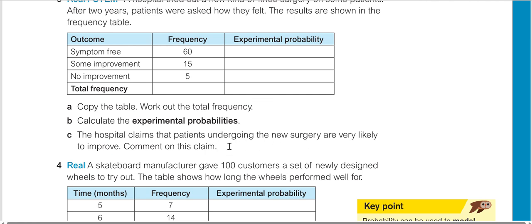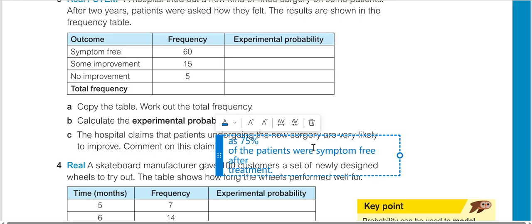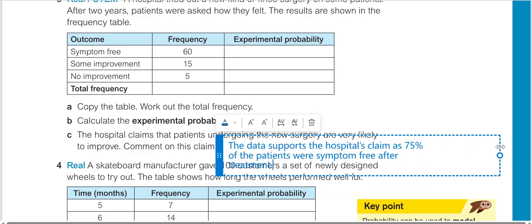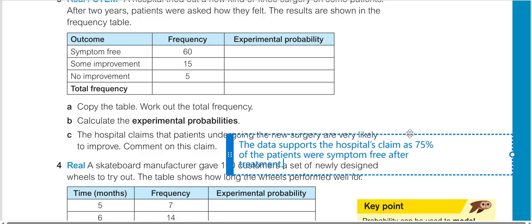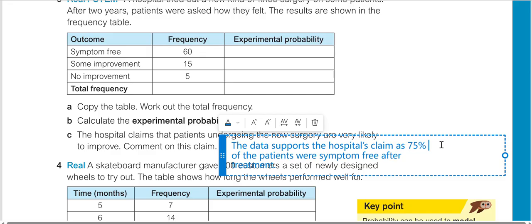So for part C, you can write down the answer like this.